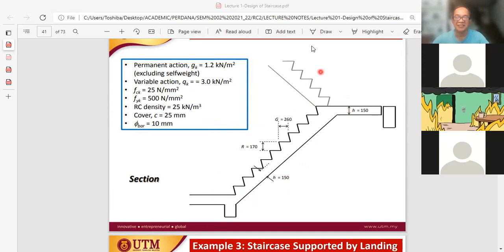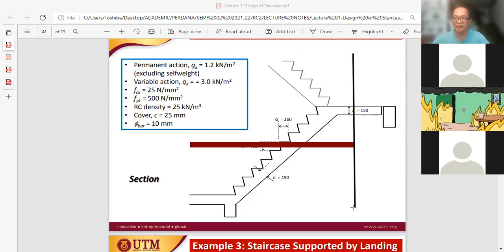For the staircase sahaja, we can model bahagian tangga sahaja as something like this. This will be our model. This is somewhere center line. This will be my center line of the landing. Remember, landing is 1.5 meters. This is approximately 750. Dari tepi sampai sini, this is approximately 750.